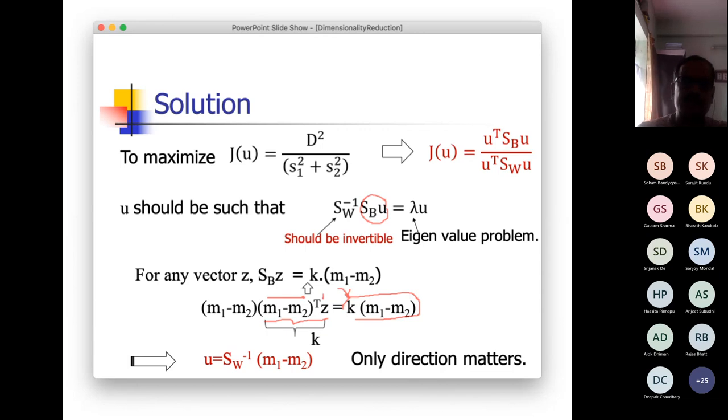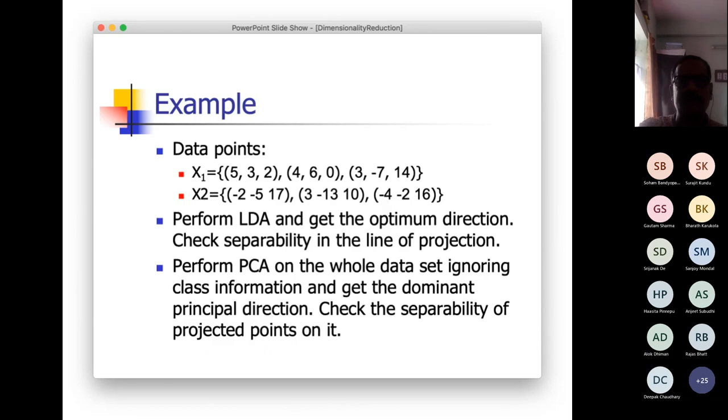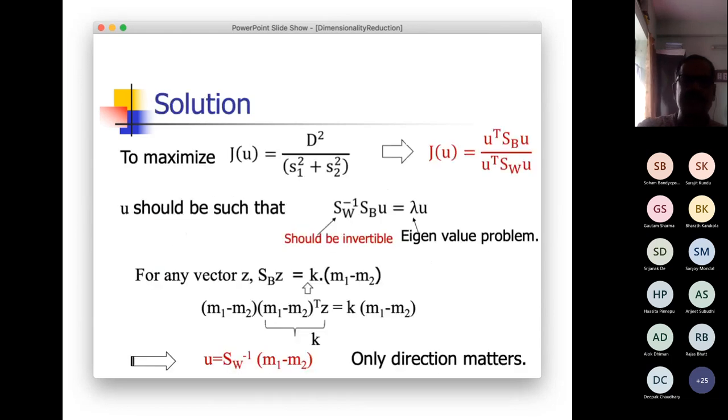And so finally, this is your solution. And the constraint here is that, of course, your within class scatter matrix should be invertible. That is the constraint. So this is the way you can get a direction where you can maximize the separation, with respect to the normalized separation measure I discussed, between two classes. That is the direction.